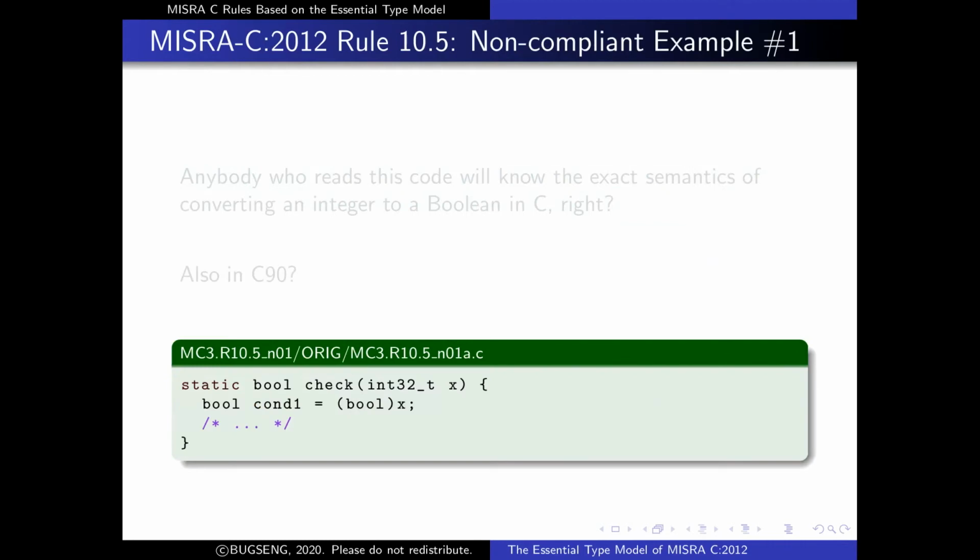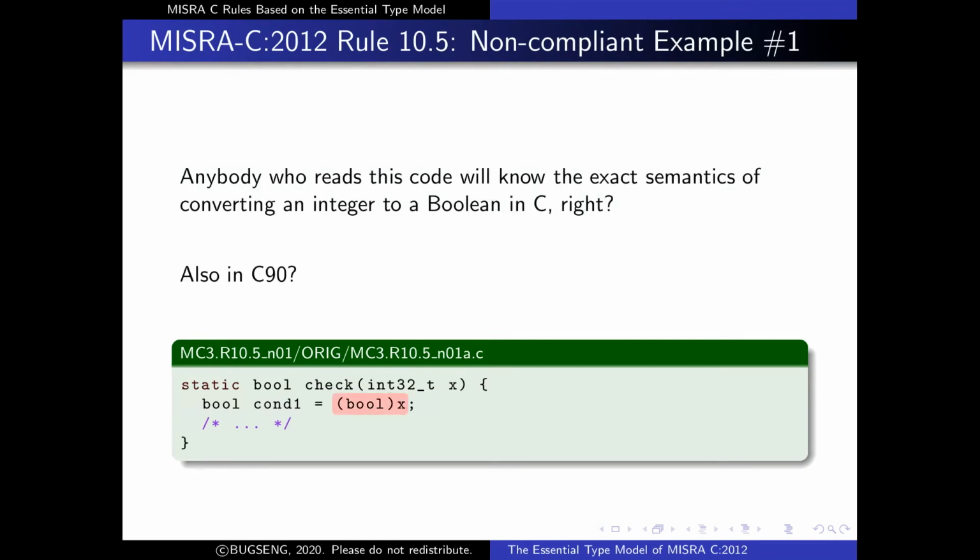Okay, so here we have an example where we are explicitly casting X, which is of signed type category 32 bits, to a bool. Oh, one might think, okay, but I know what happens here. No, it depends. So in C90, bool can be a typedef for something.